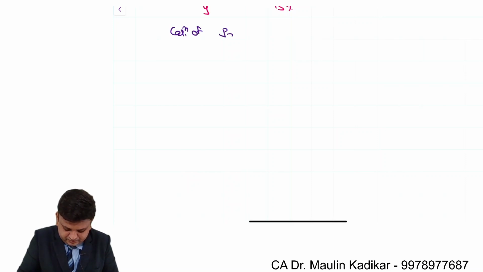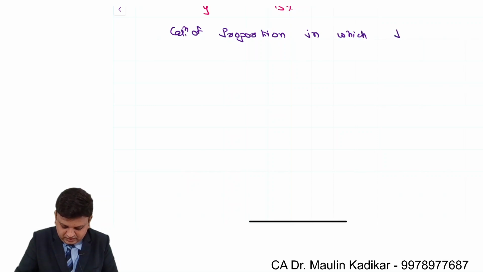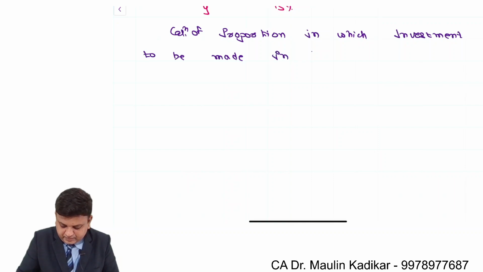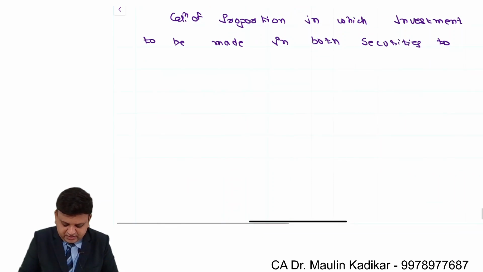Calculation of the proportion in which investment is to be made in both securities to get a return of 12% from the portfolio.